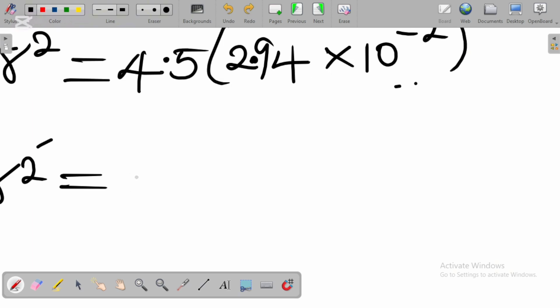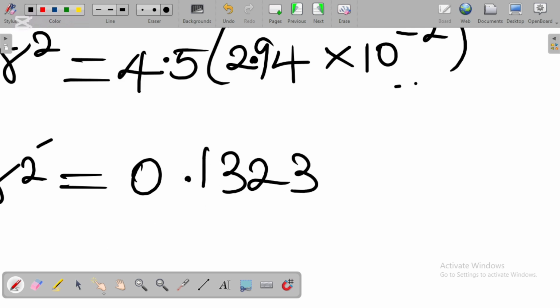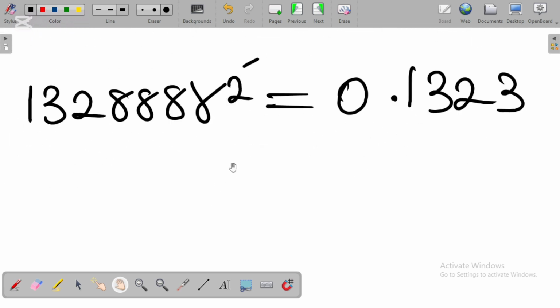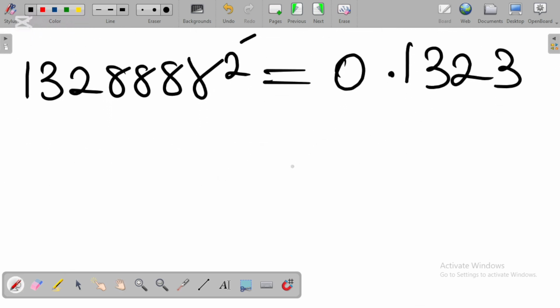So we are going to have 0.1323. All right, so at this juncture, we are going to divide both sides by the coefficient of r.